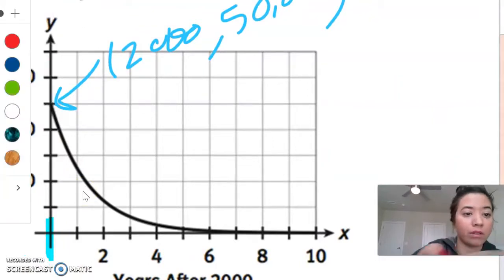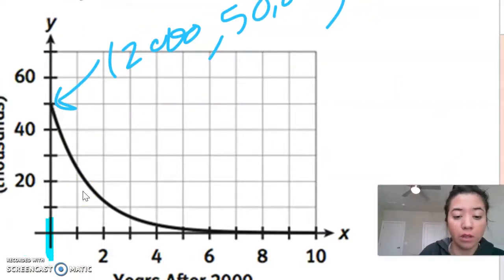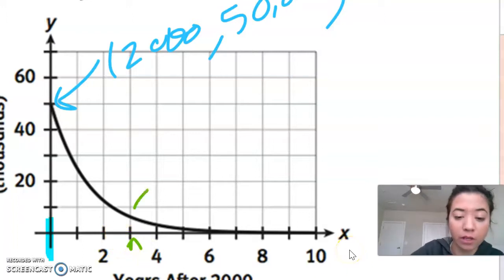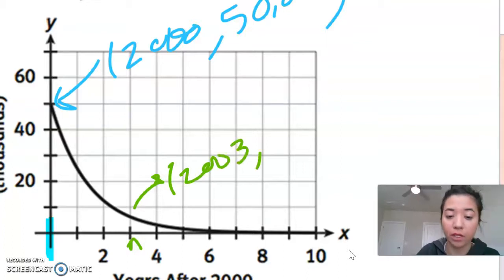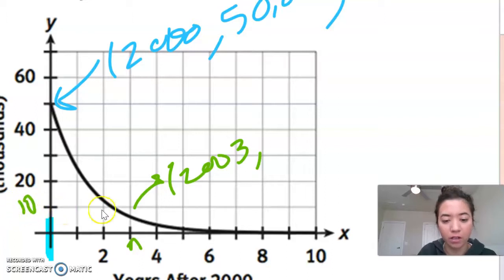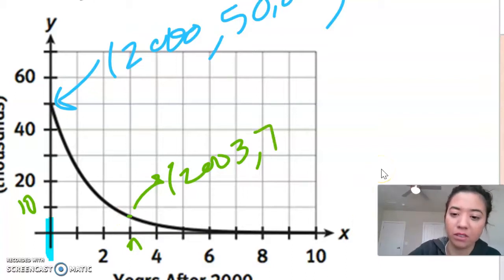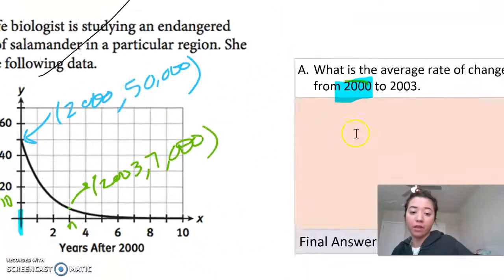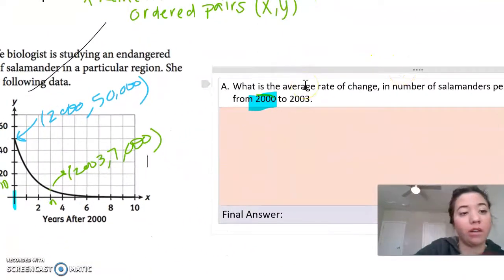If this is 2000, this would be 1 year after, so 2001, 2002, 2003. So now I'm looking right here at the year 2003, and we're going to estimate. I know that this is 10, and this isn't halfway, so I'll say that's about 7. So we have 7,000.